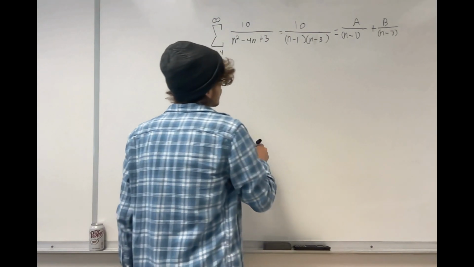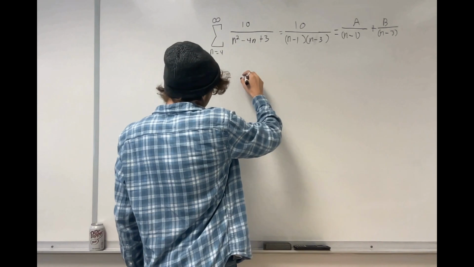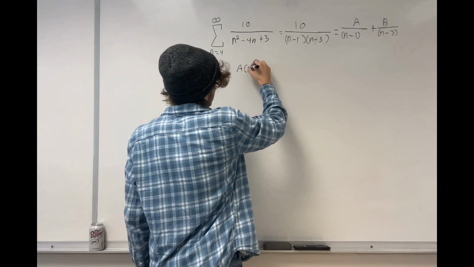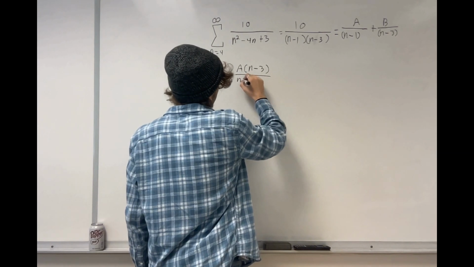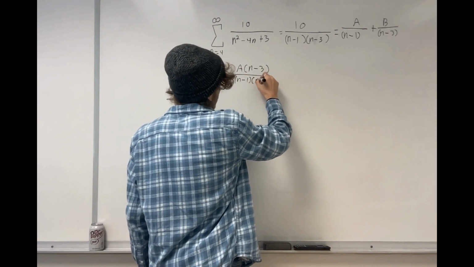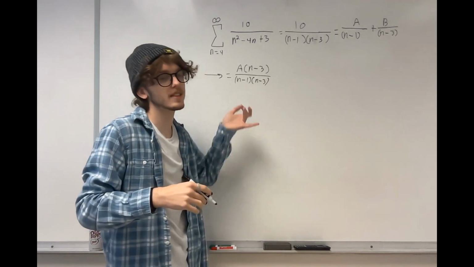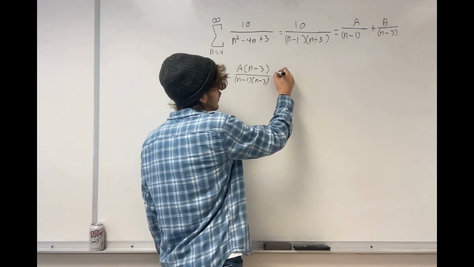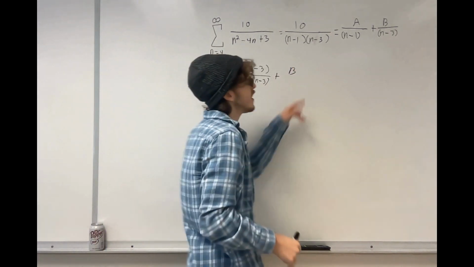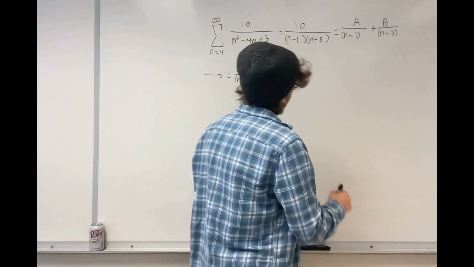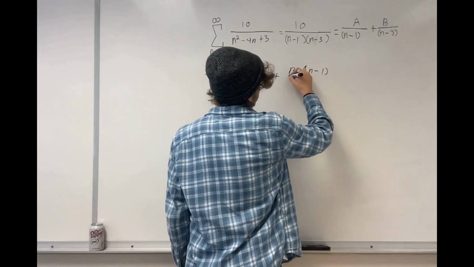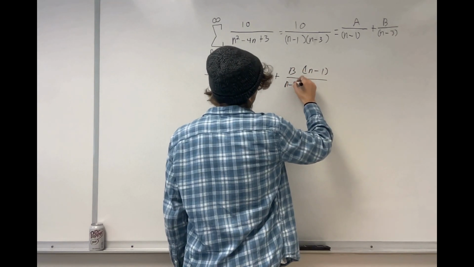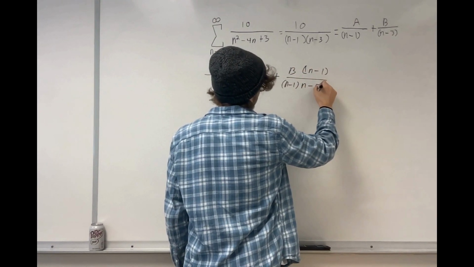So we're going to say a times n minus 3 over n minus 1 n minus 3. So we just multiply top and bottom by n minus 3. We're going to do the same with b, but with the factor it's missing, which is n minus 1. So this is n minus 1 over n minus 1 n minus 3.